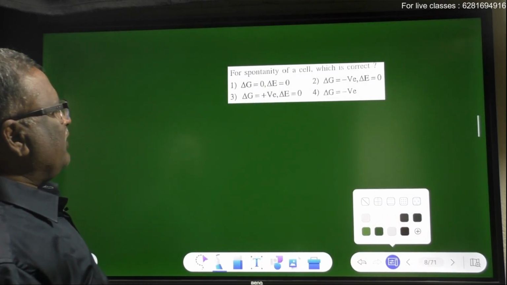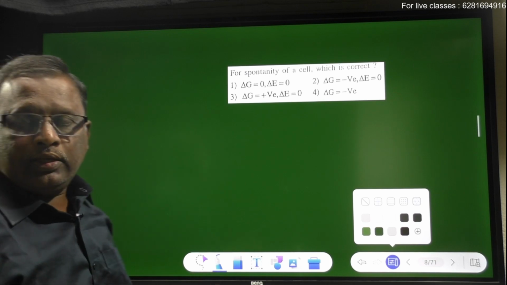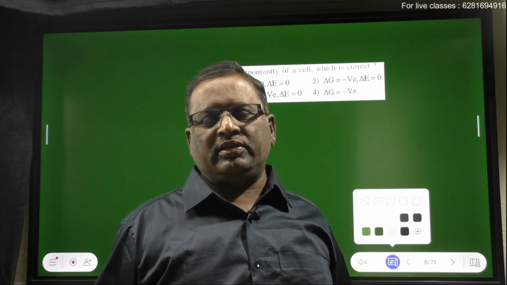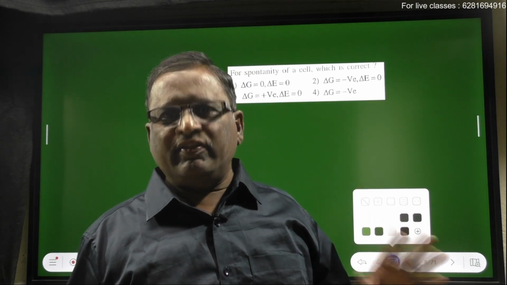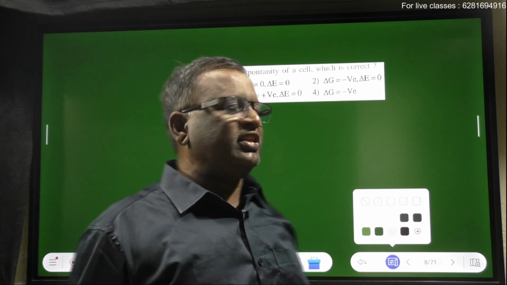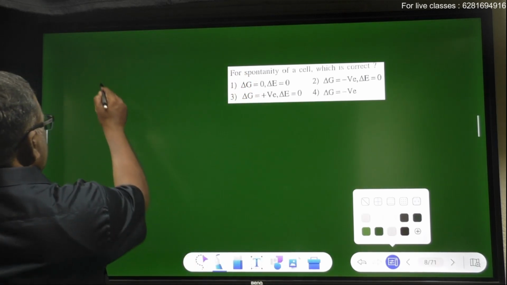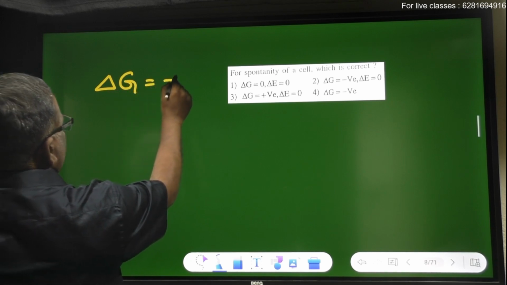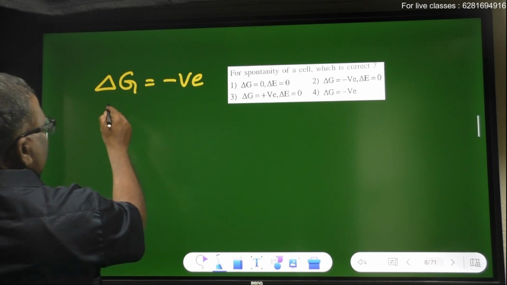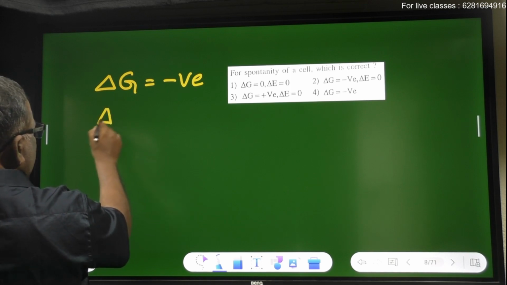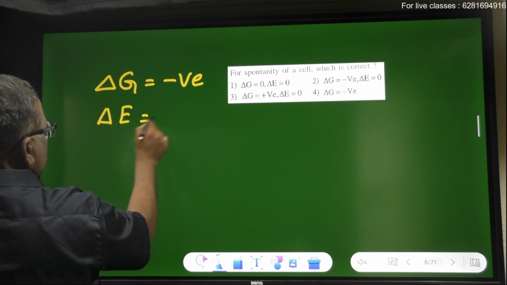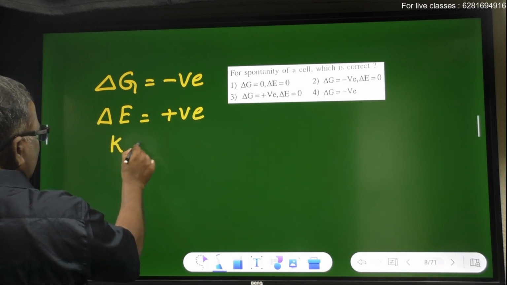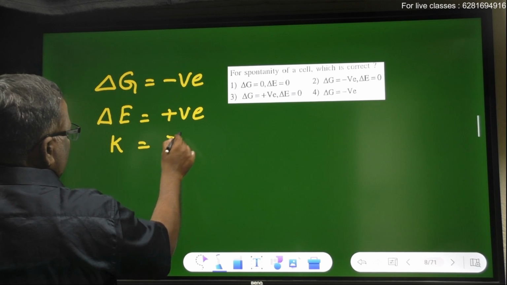The spontaneity of the cell is correct. Spontaneity of any reaction will depend upon the delta G value. So for a spontaneous reaction, delta G should be negative, then delta E, that is E cell, should be positive, and equilibrium constant K should be greater than 1.